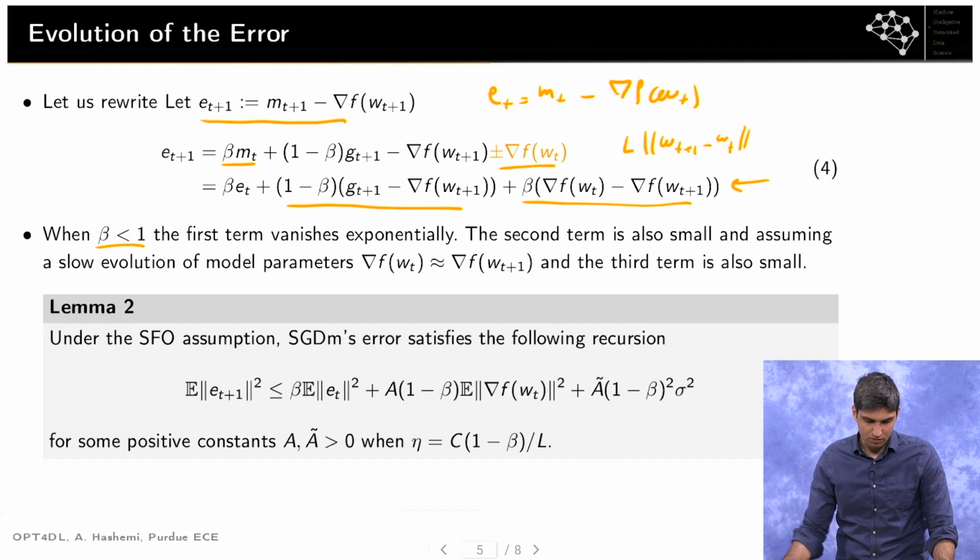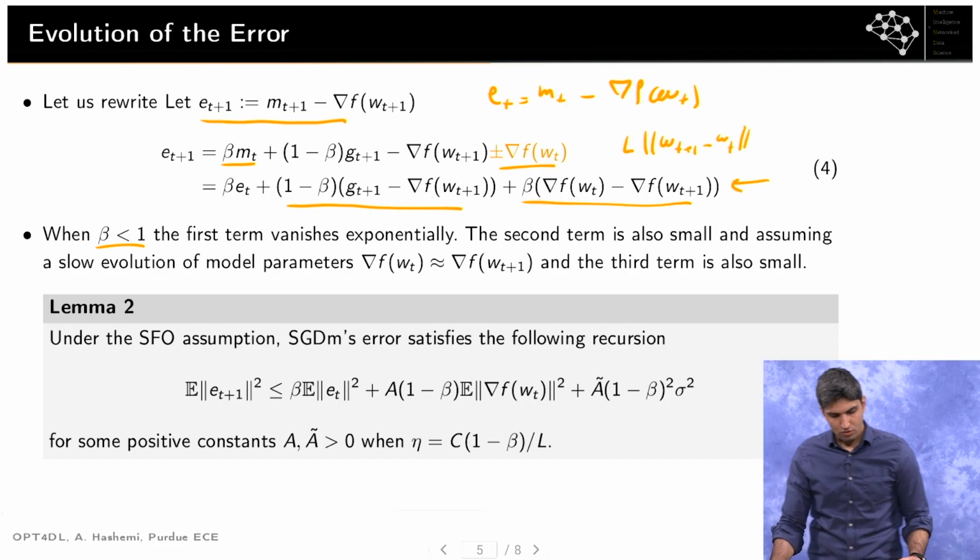So overall, by controlling the momentum parameter such that it is very close to 1, and by ensuring that the learning rate is small, we should be able to establish that the error is small. Therefore, we should hope that we indeed get some convergence guarantees.